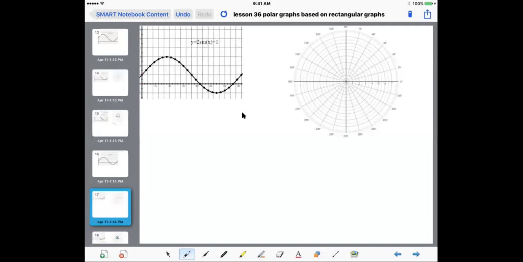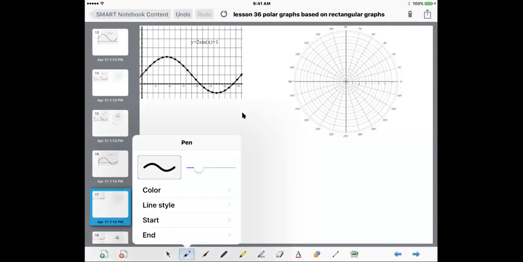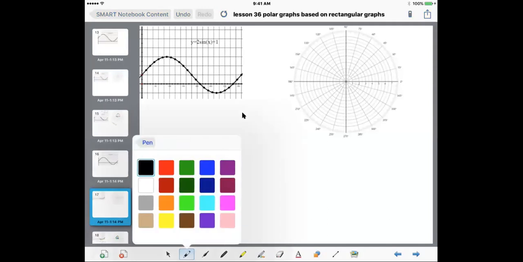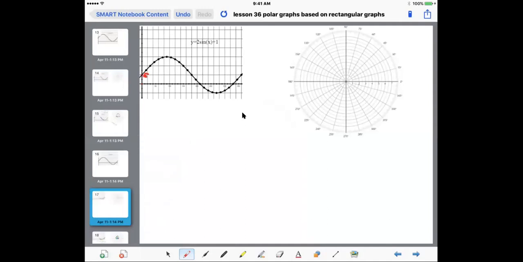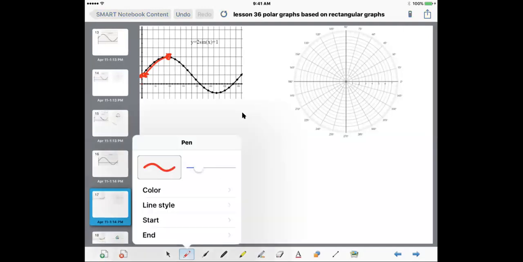And I'm going to use a whole bunch of colors here. I'll start with red. So my starting point goes up to here. Actually, I'm going to make that ending point a different color.